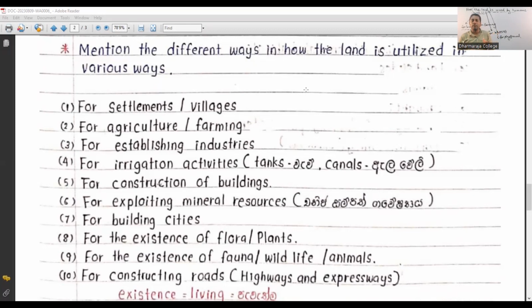There are different types of mineral resources in Sri Lanka, in Russia, in India, in America. So we dig the land.